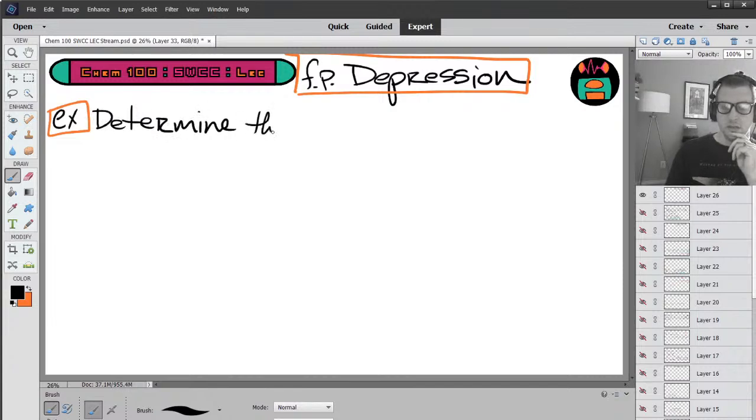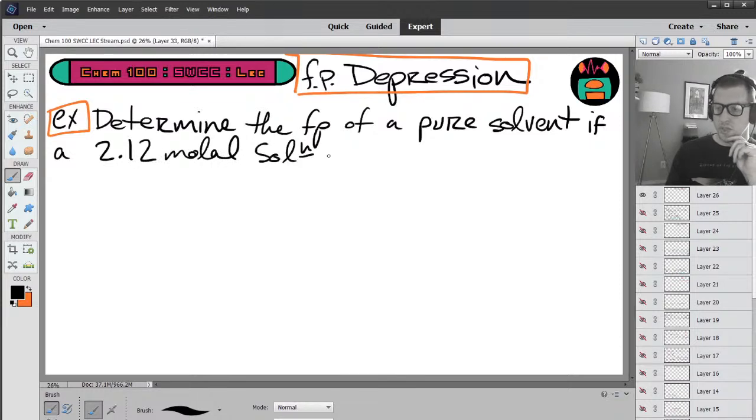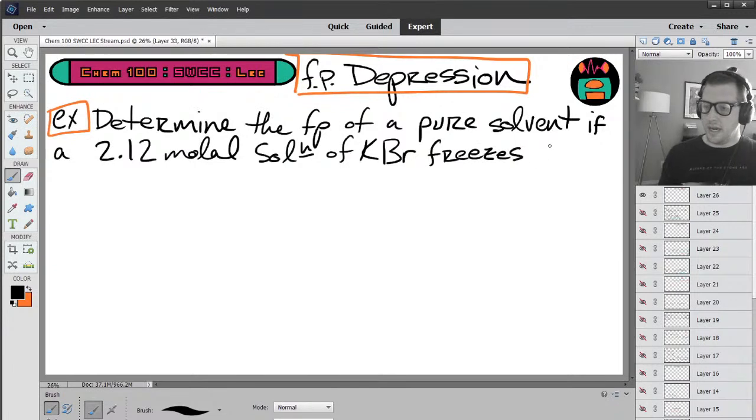Determine the freezing point of a pure solvent if a 2.12 molal solution of KBr freezes at 15.6 degrees Celsius, period.